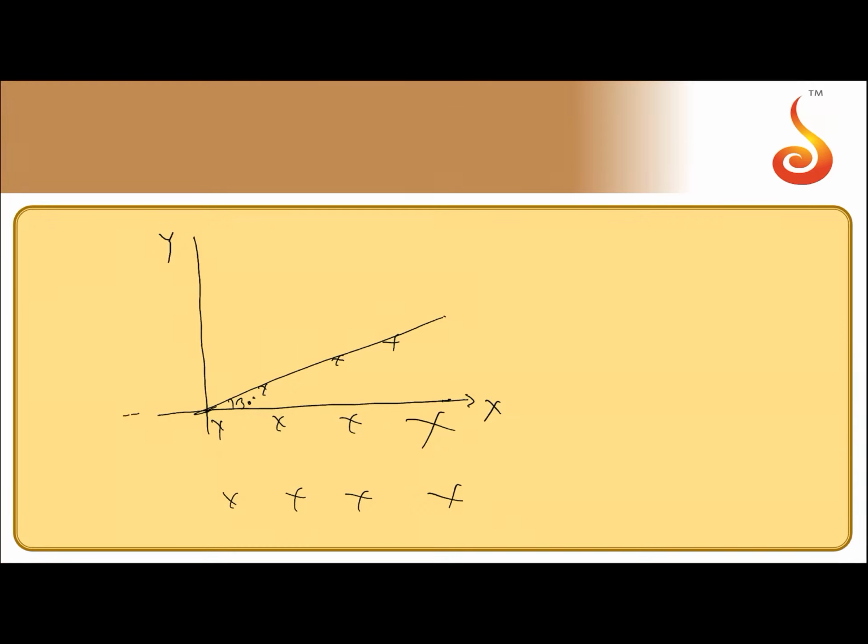And a particle having charge q, mass m is projected with some velocity, say v naught, in this direction.